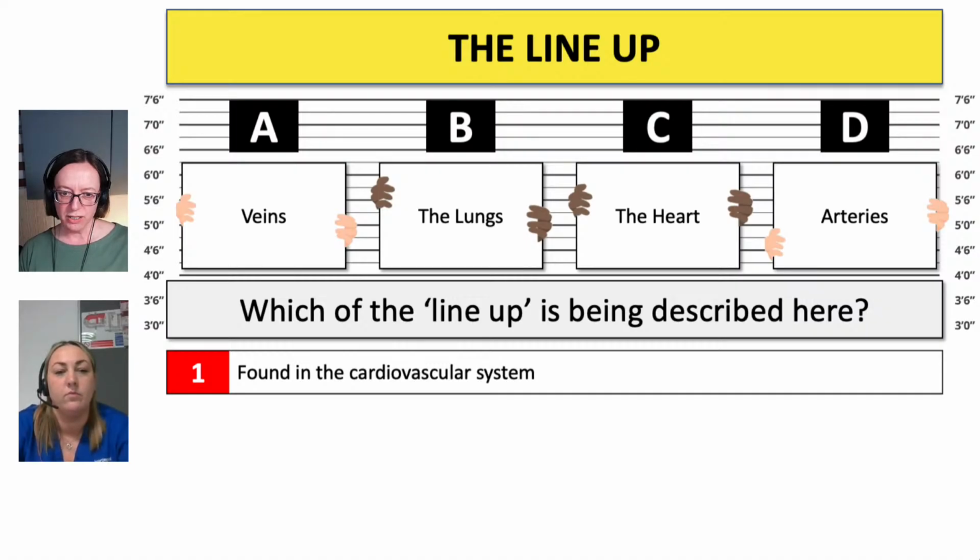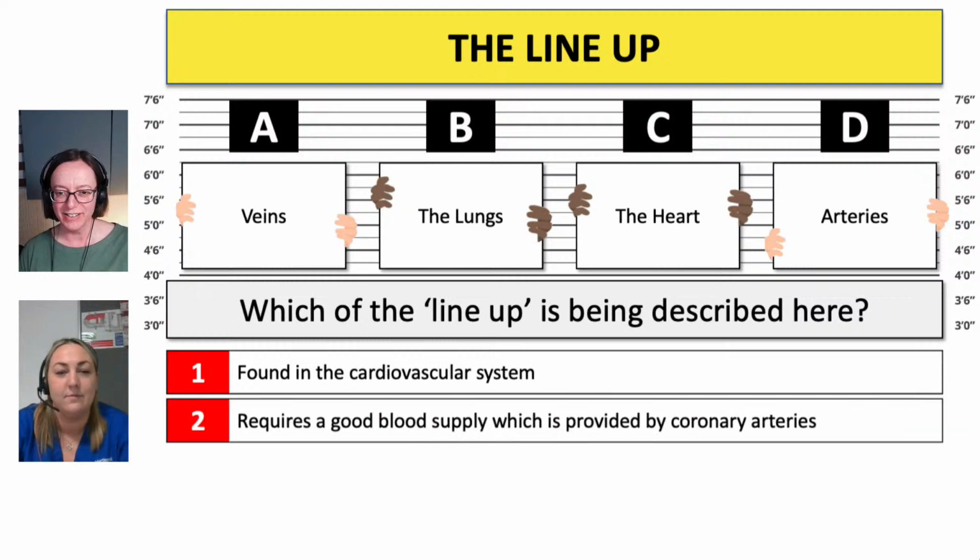Process of elimination, anything you're getting rid of at this point, Charlotte? B. Okay, the lungs, which are part of what system? The respiratory system. Yes, perfect. Second clue: requires a good blood supply, which is provided by coronary arteries. I think that's quite a strong hint.